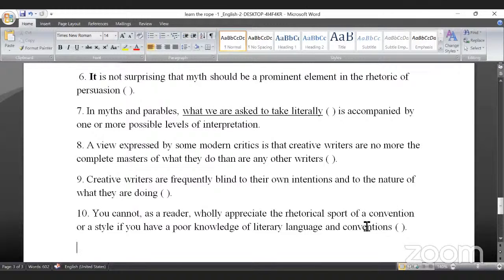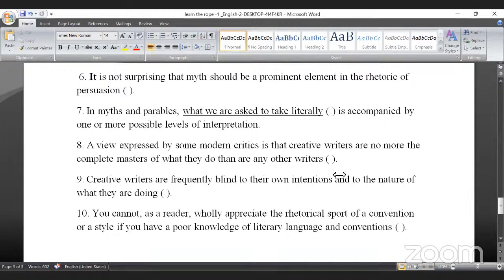Unlike professional writing, creative writers do not usually write for achieving a very particular purpose. So blind to their own intentions and to the nature of what they are doing means purposeless.